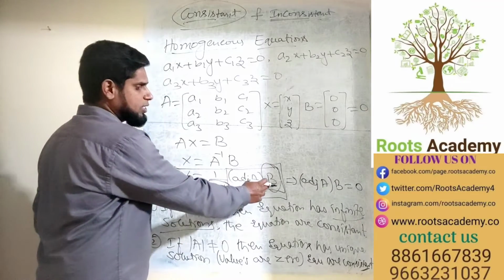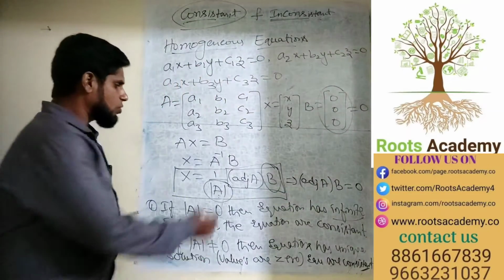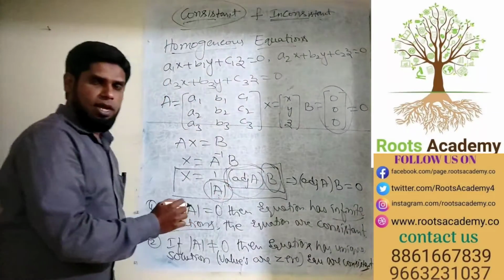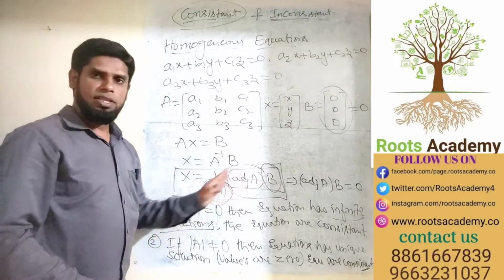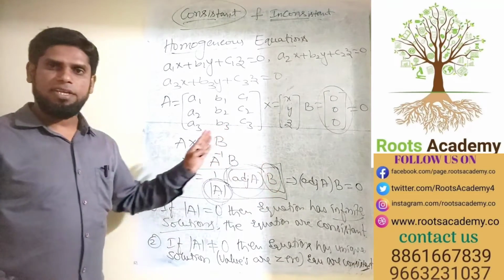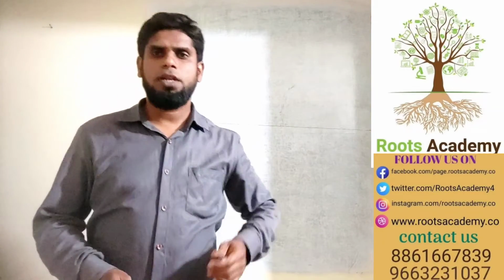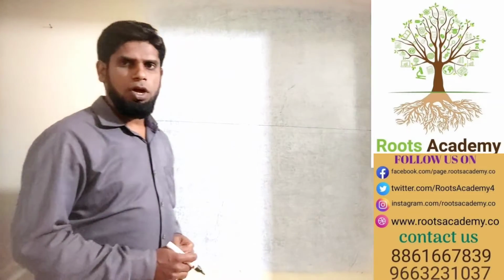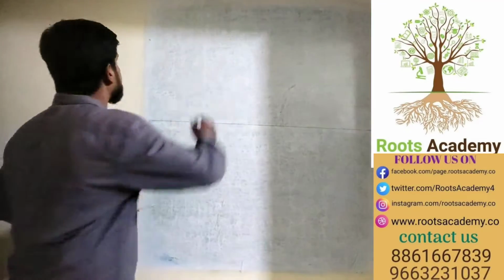If it is homogeneous equations, then B is always 0. And we know how to find the adjoint of a matrix, and we know how to find the determinant. Then we can easily compare and declare the final results. Okay students, let us have some examples about consistency and inconsistency of equations.